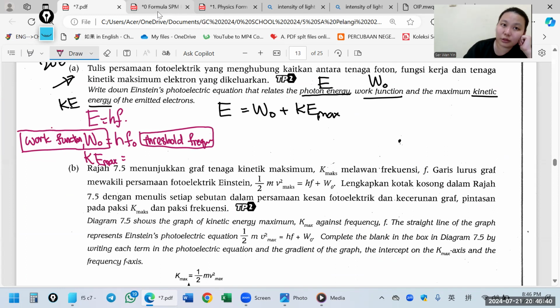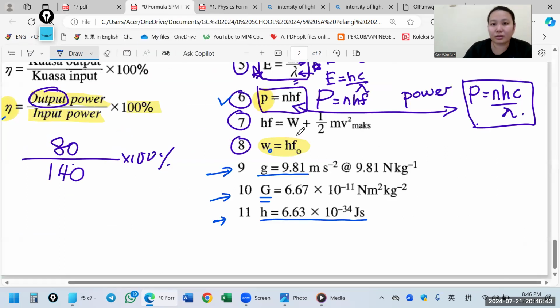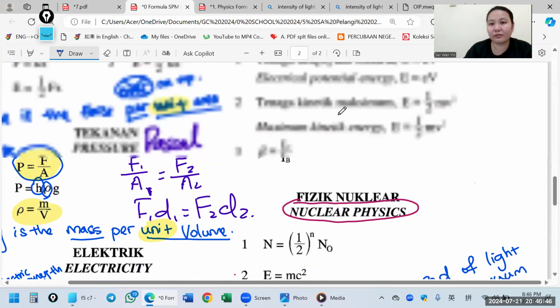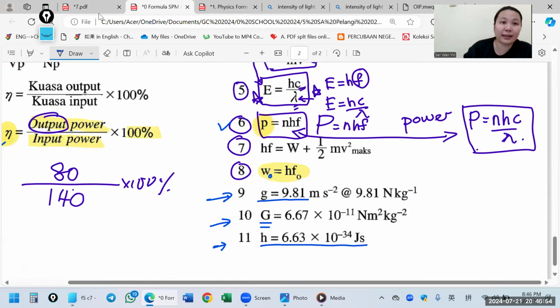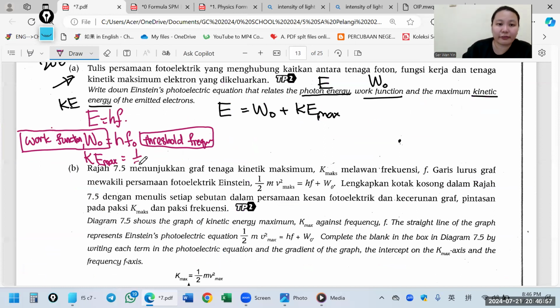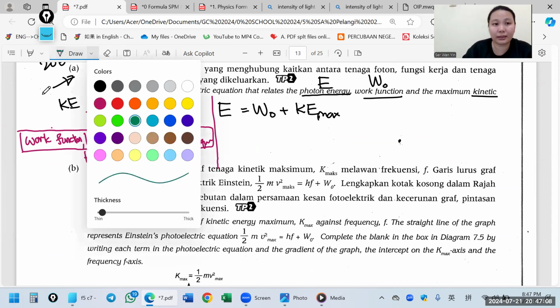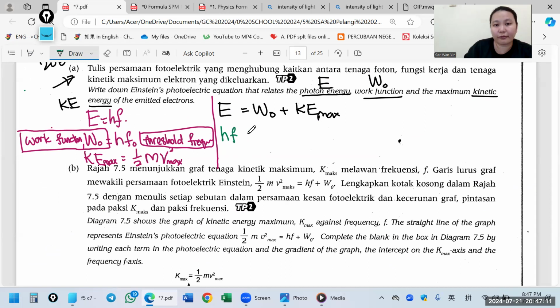We learned this in Form 3, but it appears again in Chapter 5. Kinetic energy equals half mv squared. Maximum kinetic energy means the velocity is also maximum. So now we can rewrite it: E equals HF equals HF naught plus half mv max squared.